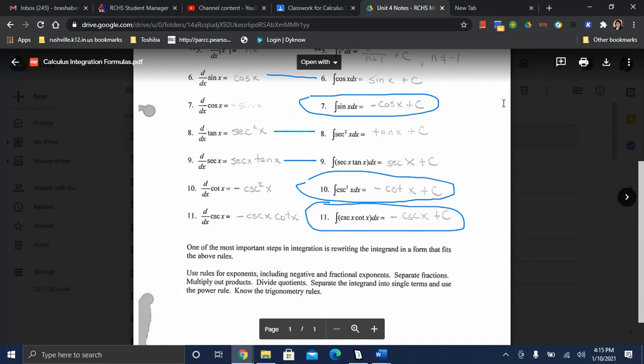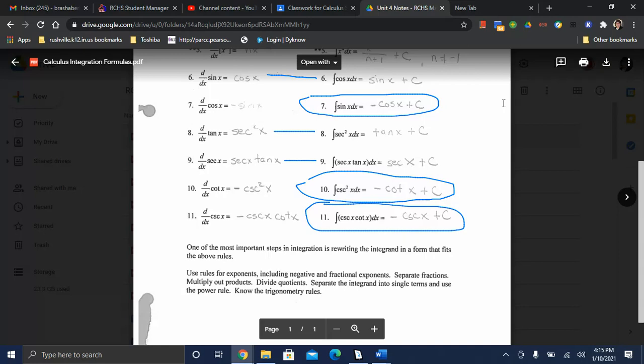So in other words, you don't see an integral for the secant of x because we don't have one. We do have one for secant squared of x dx. So the integrand has to be rewritten in a form that fits the rules.